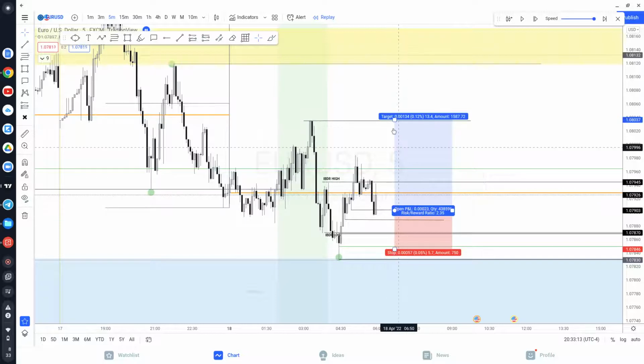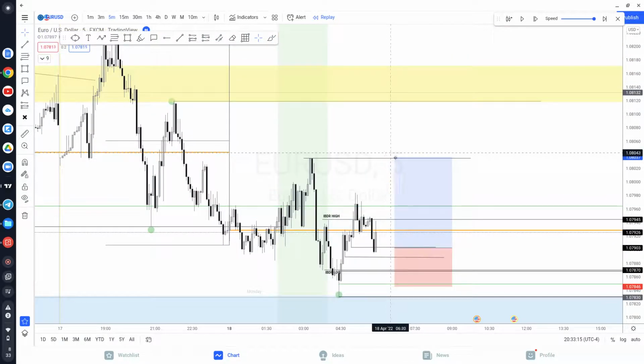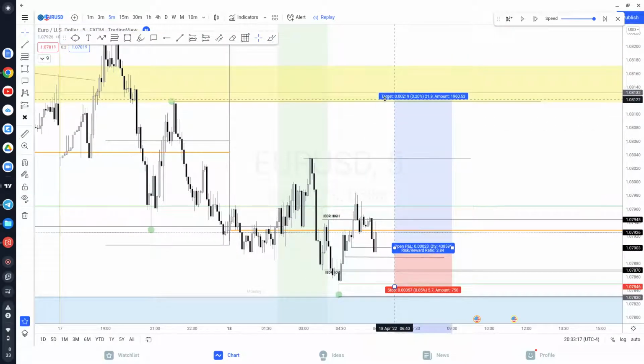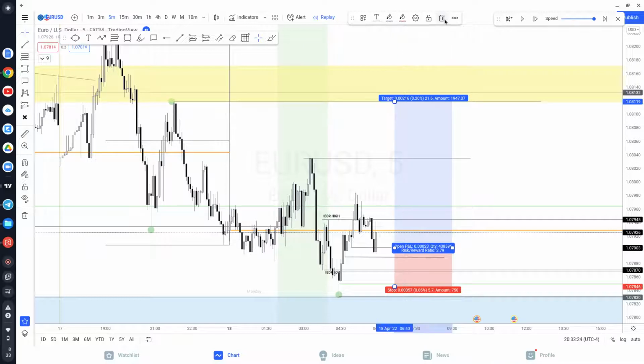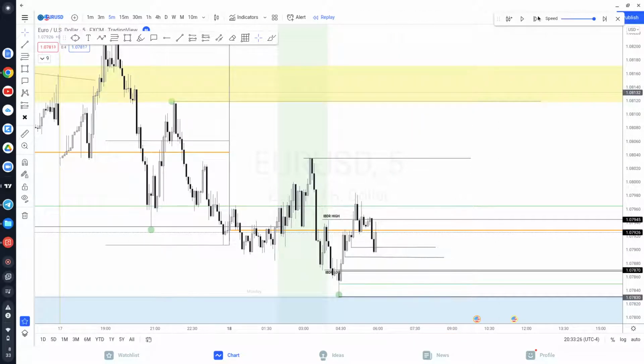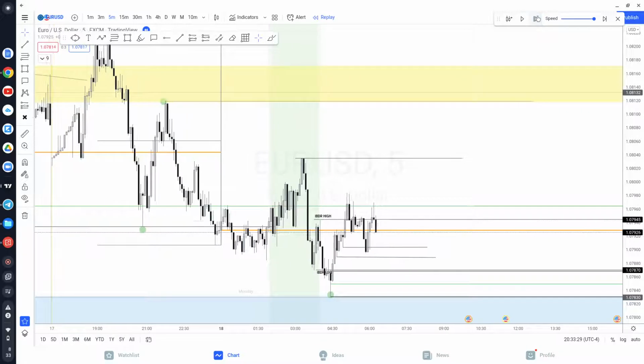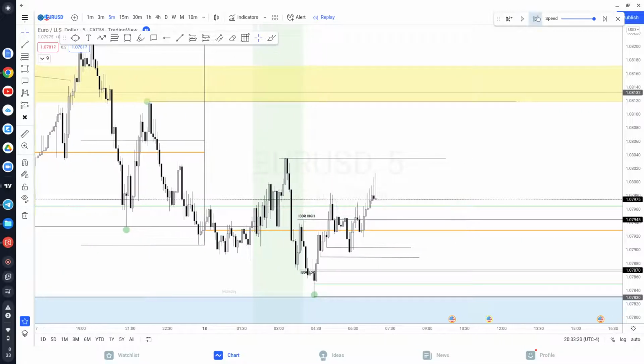So at this point, that's a 1 to 2, highly probable 1 to 2, and then here we can say a 1 to 4. All right, this is all London session. So price pushes there, takes that, and then we get the move away.